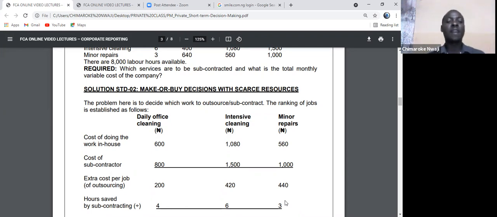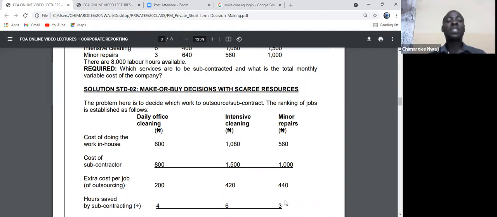The columns have the jobs: daily office cleaning, intensive cleaning, minor repairs. So let's analyze. If you are to do the job yourself, you are going to be spending a variable cost of 600, 1,080, and 560.